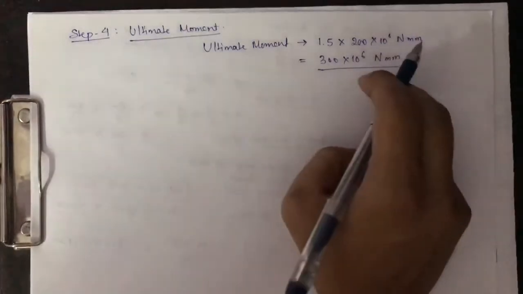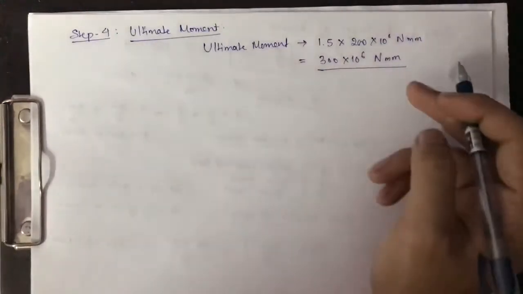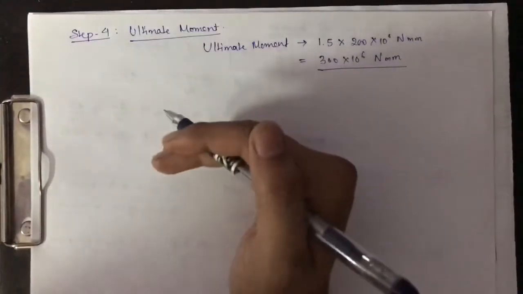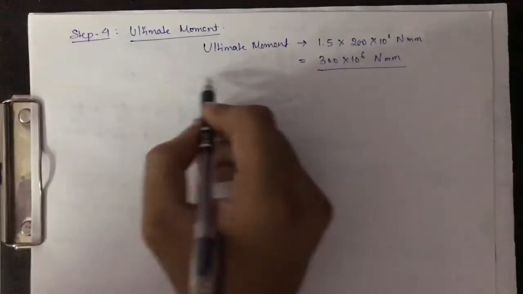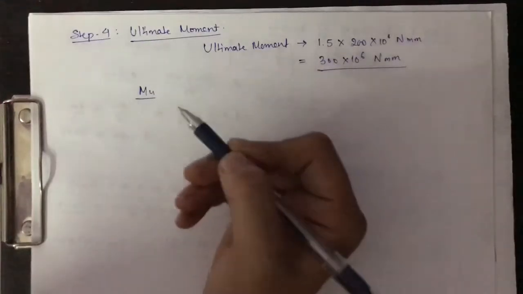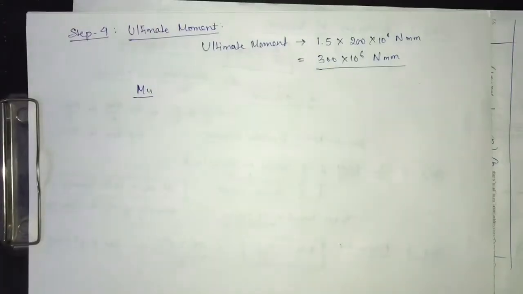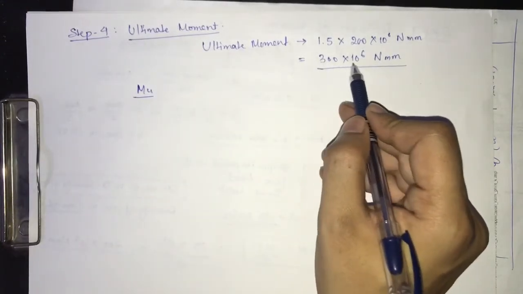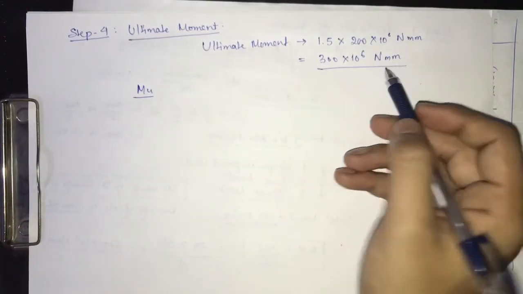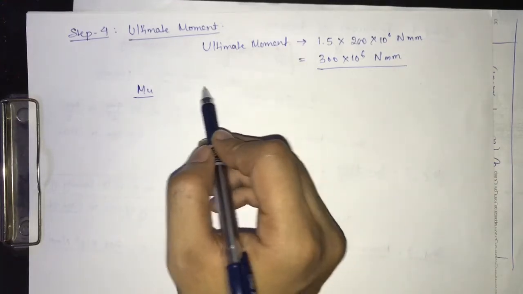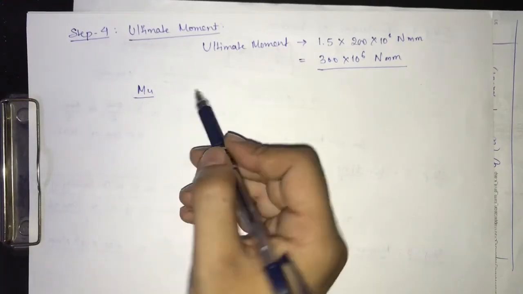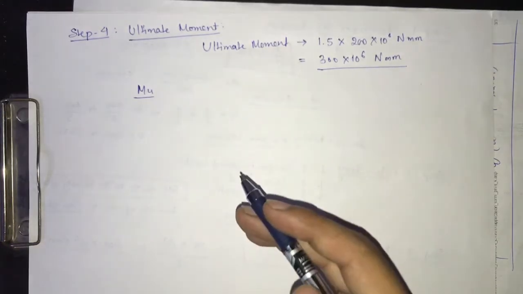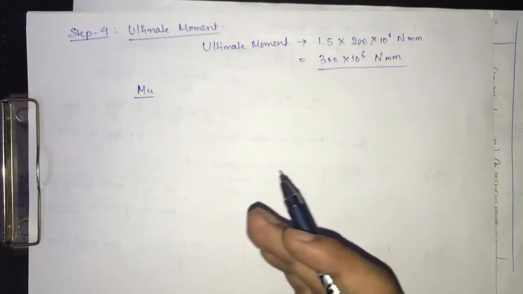But guys, in our formulas for the design process, we have to take the moment of resistance, which is Mu, and we have the ultimate moment 300 into 10 power 6 Newton mm, and we can take it as the moment of resistance of the beam, because the moment of resistance is the resisting action of the structure by which it can bear the upcoming loads of the moments.